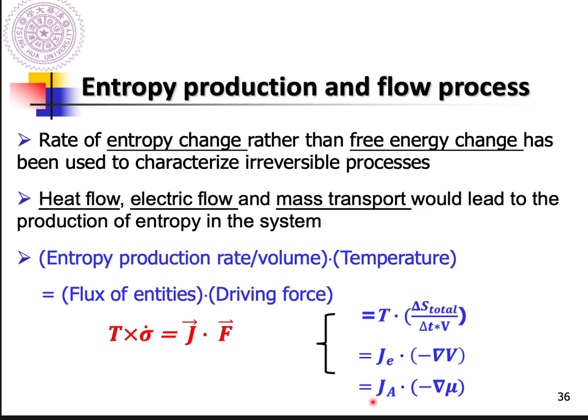For mass transport or diffusion in solid materials, as long as you know the atomic flux, you just multiply by minus the chemical potential gradient and divide by temperature. Then you know the entropy production rate per volume for your material system.